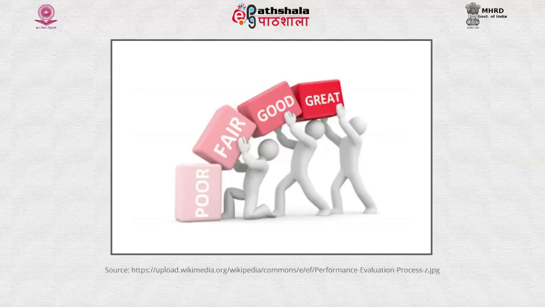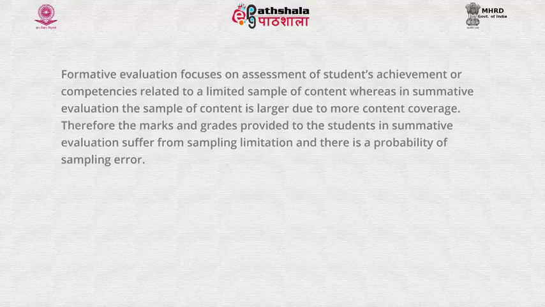Things are reversed in a case of summative evaluation because evaluator may try to assess the acquired knowledge, skills and to apply it in a wider situation by covering the large portion of the syllabus. Formative evaluation focuses on assessment of students' achievement or competences related to a limited sample of content, whereas in summative evaluation the sample of content is larger due to more content coverage.